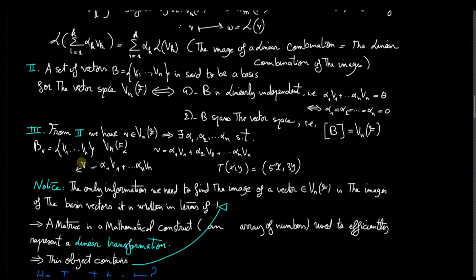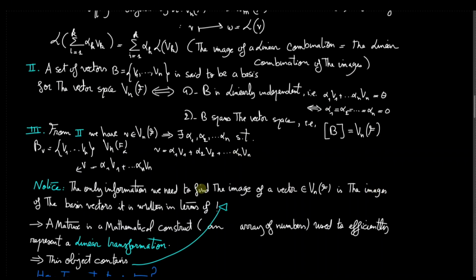So I could take the components of this vector, plug them in here, and basically get my transformed vector. But instead of that, I could first transform all of these basis vectors and then find the transformed version by linearly combining those instead.